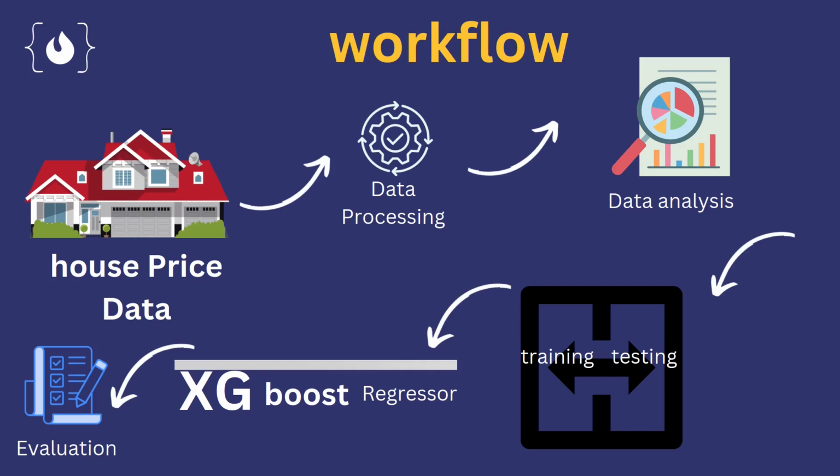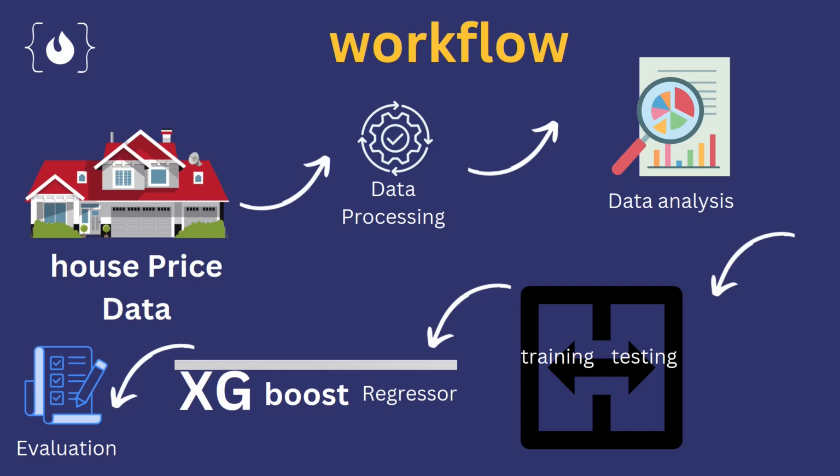Once we have some basic data analysis done, we can split the data into training data and testing data. This is called a train test split. We will feed this training data to our regressor algorithm, and we will evaluate our model with the help of testing data. The model has to be trained with one set of data, and tested with new data.